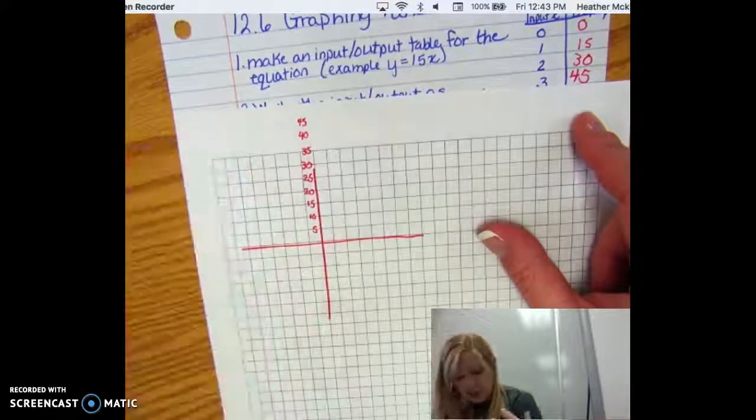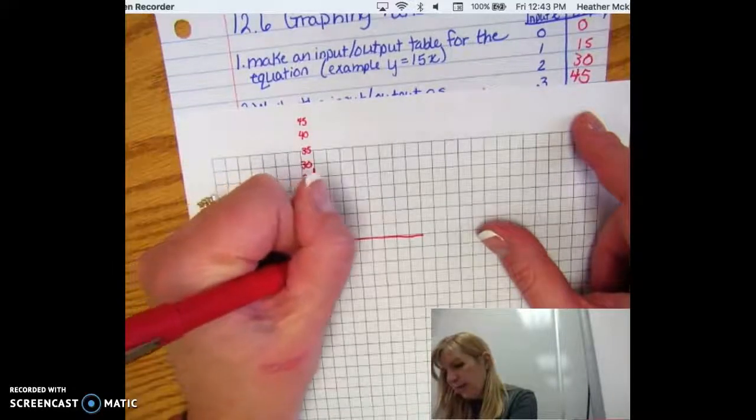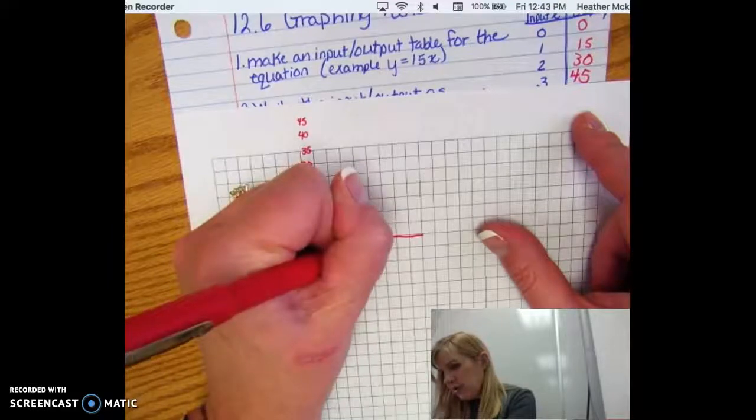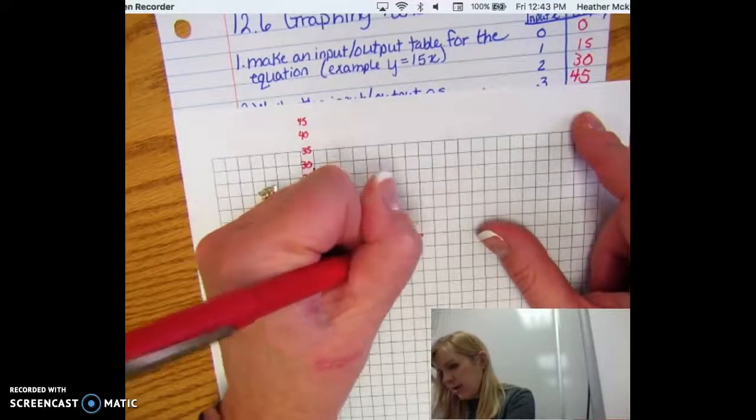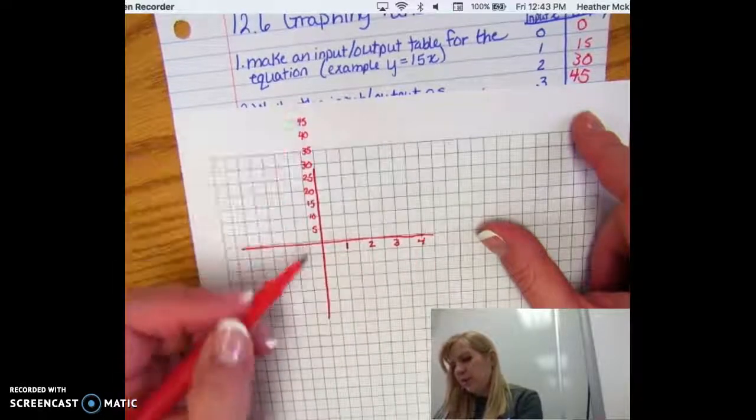And then I am going to do a different scale over here, and so I'm going to do this as 1/2, and this is 1, 2, 3, 4. Just pay attention to what you are doing and where you're putting them.